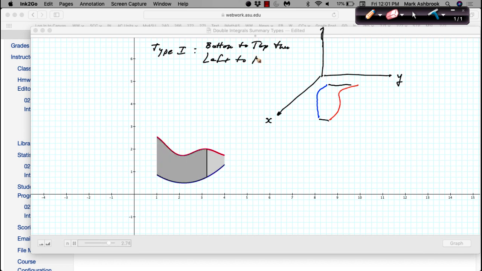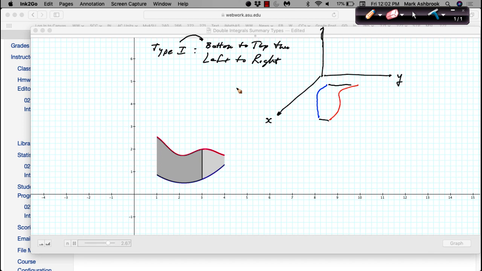Okay, somebody else. What else? Yeah, Sam. In my mind, this looks like it'll just be one double integral. It will only be one double integral because the bottom is the same single function for the whole bottom and the whole top. When you're looking at type 1 and trying to determine if it's broken up or not, it's about the bottom and the top.